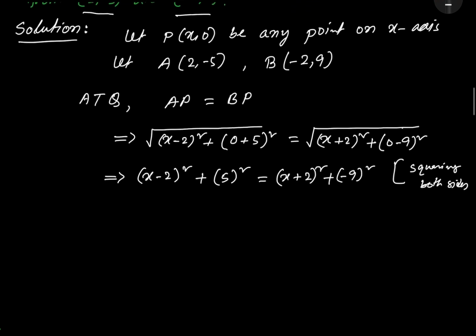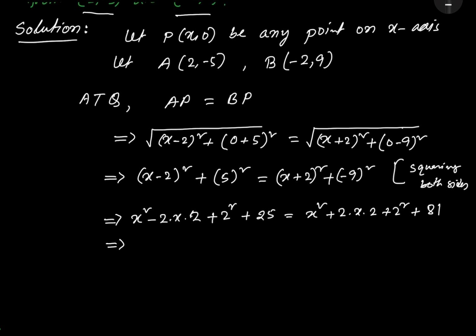Now simplify. Here a minus b whole square, so x square minus 2 into x into 2 plus 2 square, 5 square is 25 equals to, and here x square plus 2 into x into 2 plus 2 square, and minus 9 square is plus 81.